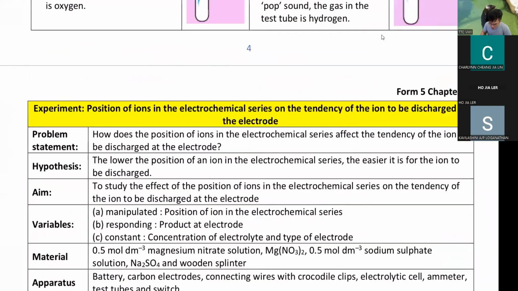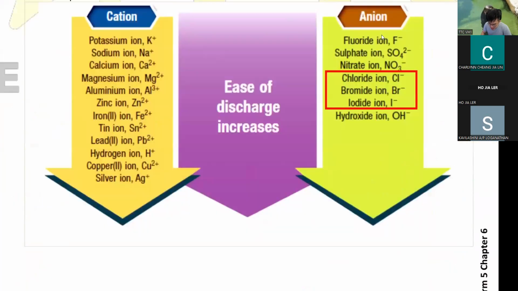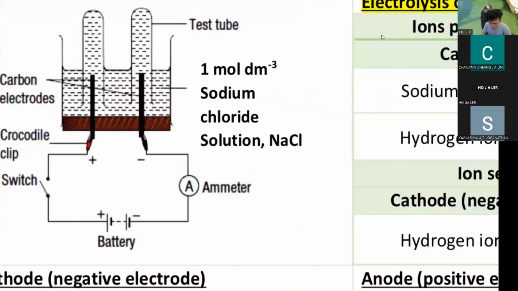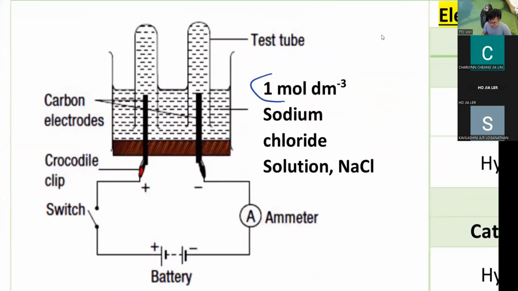There is situation two, in which they tell you something about the concentration. Remember, 1 mole decimeter cube is the concentration. That means how concentrated the water is.